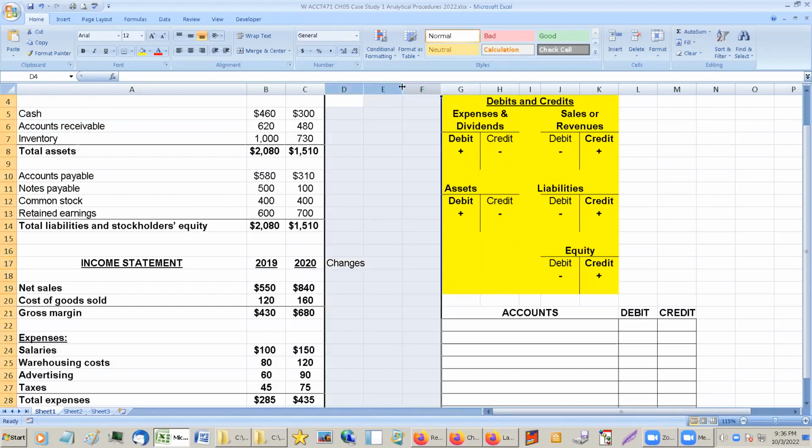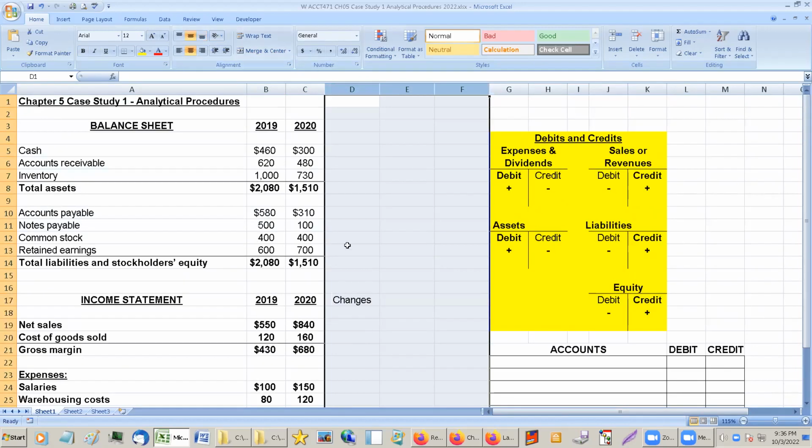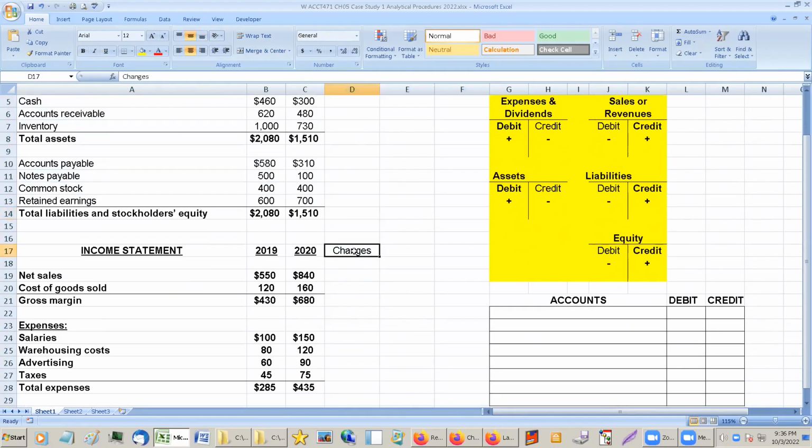So a little more room here. Okay, so I'm going to see what the changes are in these accounts. 2020 and 2019, let's see, the change was, it increased by 290.